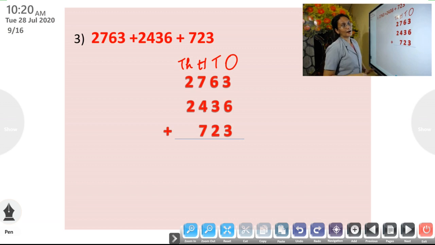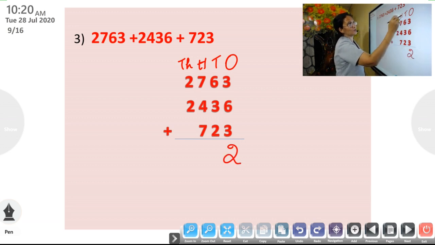Okay. Now start adding from the right side, from the ones place. 6 plus 3 is 7, 8, 9. Then 9 plus 3 is 10, 11, 12. So 6 plus 3, 9. 9 plus 3, 12. You are getting 2.